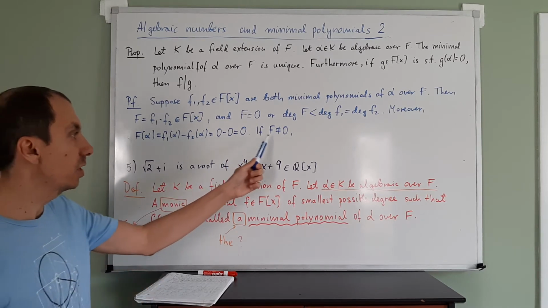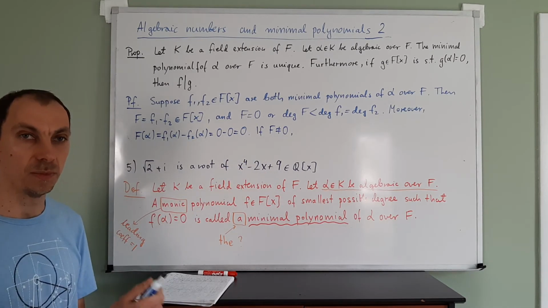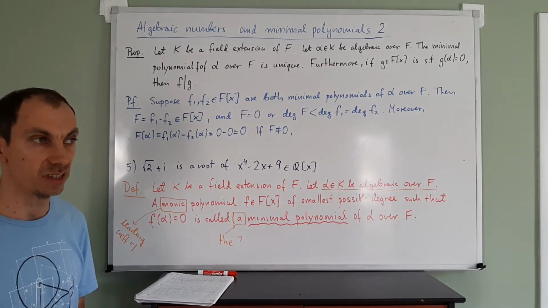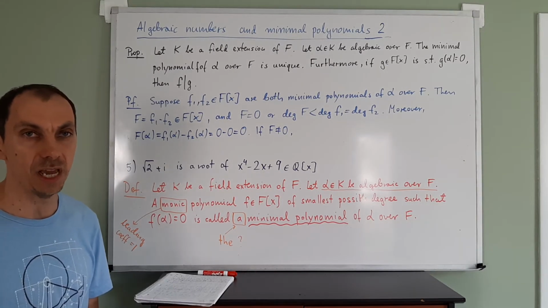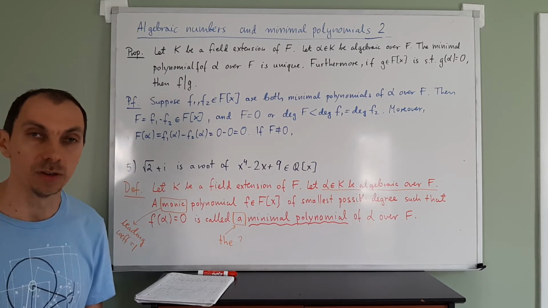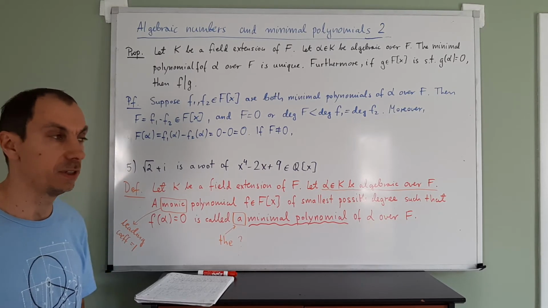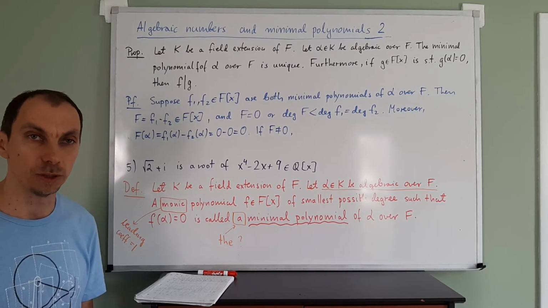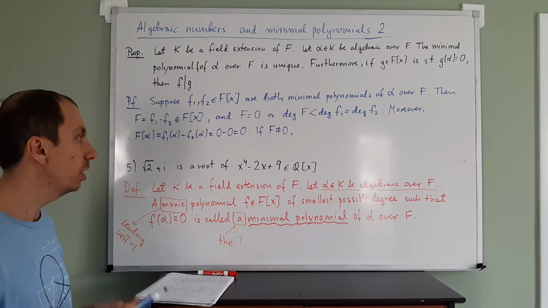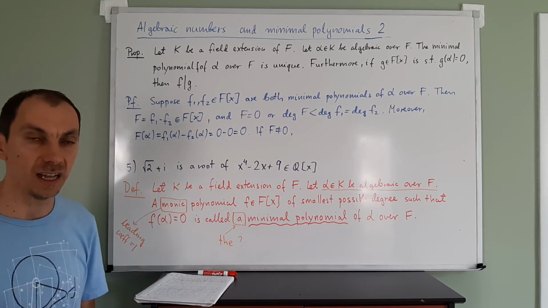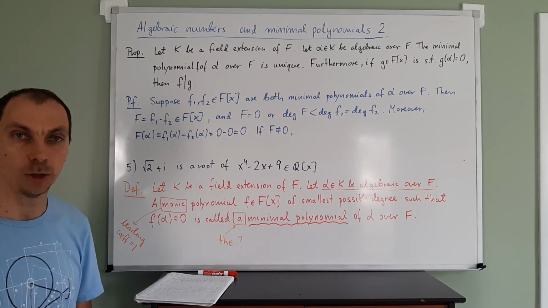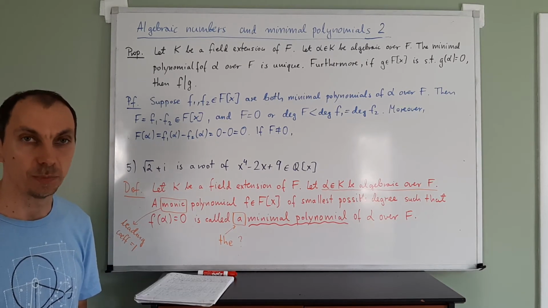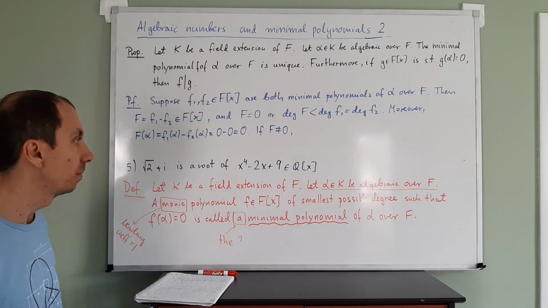However, because it's non-zero, it starts with some power of x. Let's say it starts with a_m x to the m, and a_m isn't 0. a_m is an element of the field F, so I could divide that polynomial by a_m, and now I get a monic polynomial of exactly the same degree as my f, and it still has alpha as a root, because dividing a polynomial by a scalar does not change the fact that the polynomial had some element as a root.